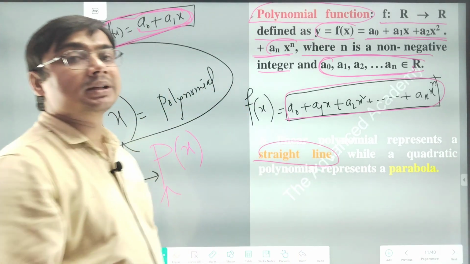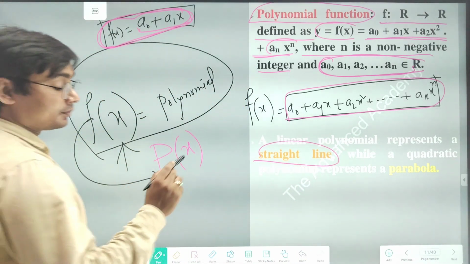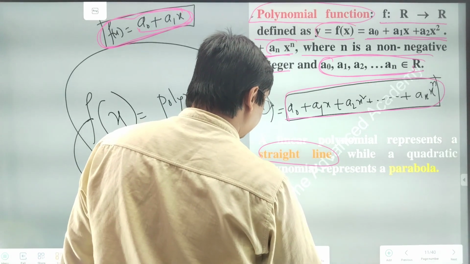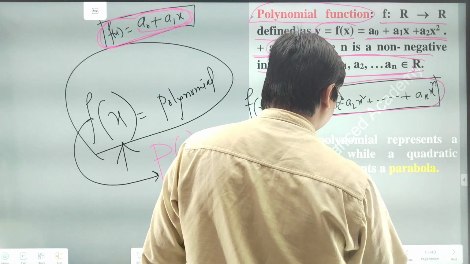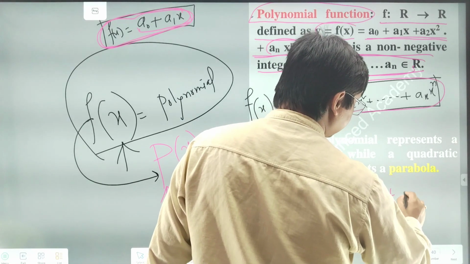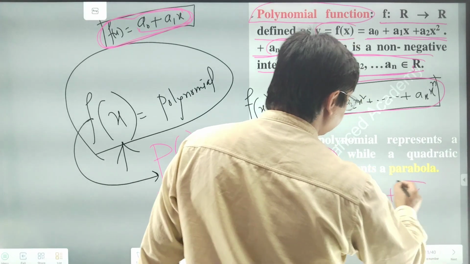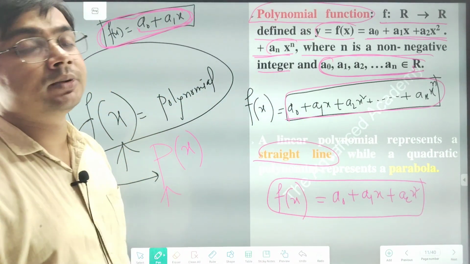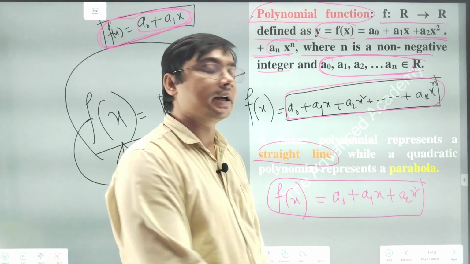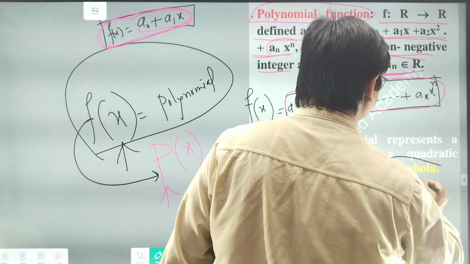And if we consider a quadratic polynomial, that means this type of function which provides a quadratic polynomial, a2x square, so this is a quadratic polynomial, then this quadratic polynomial will represent a parabola. So you have to remember this thing.